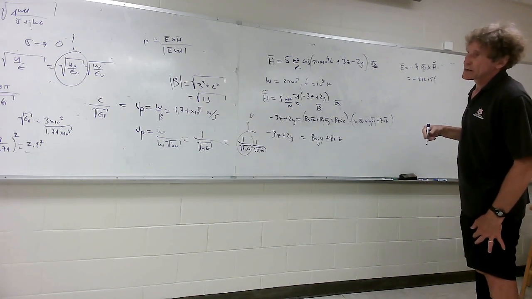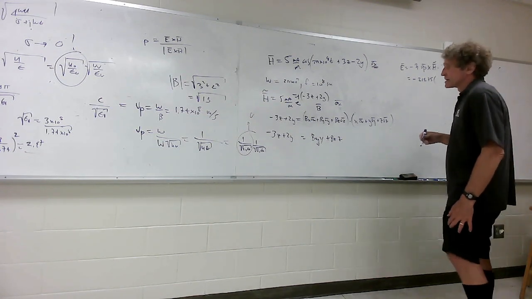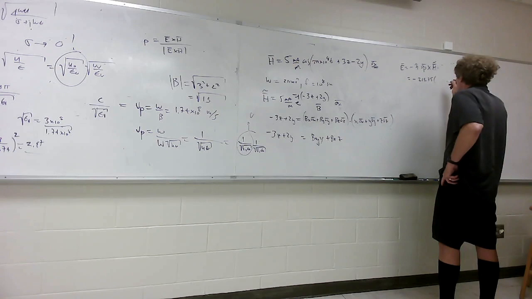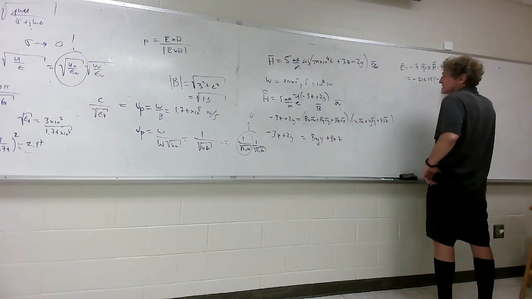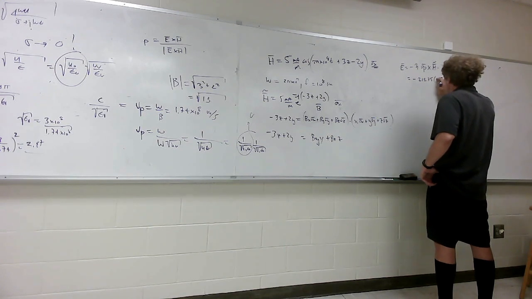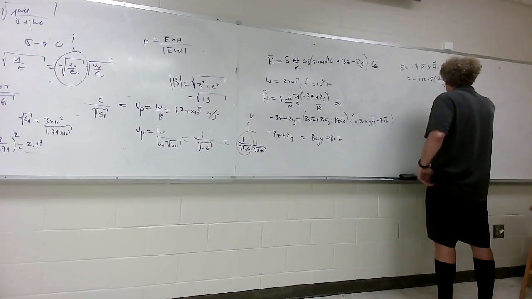Let me put the y first. So it's going to be 2ay minus 3az, both over square root of 13, right?